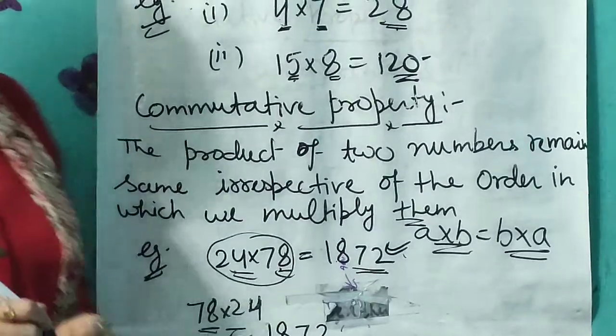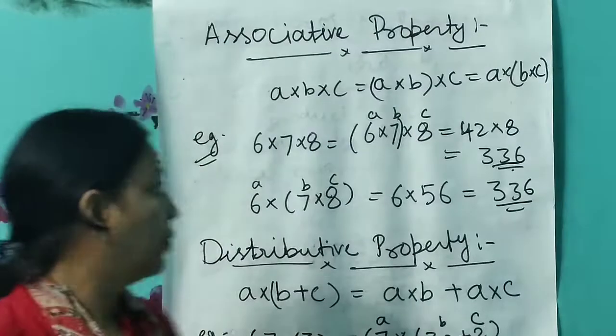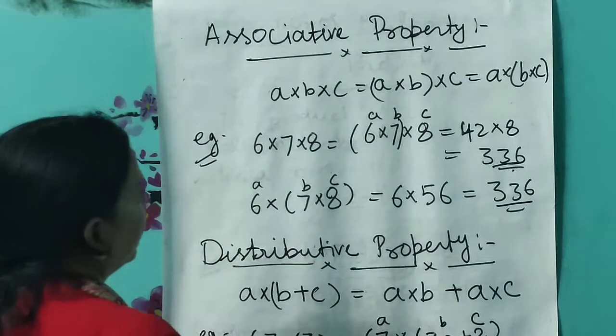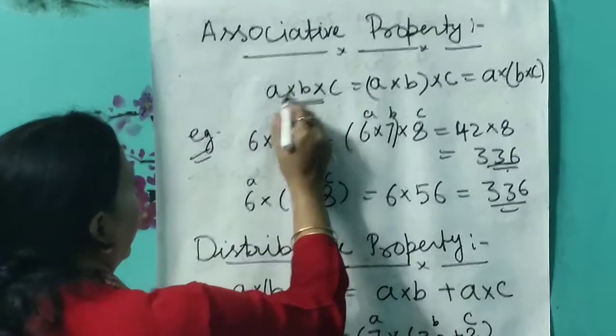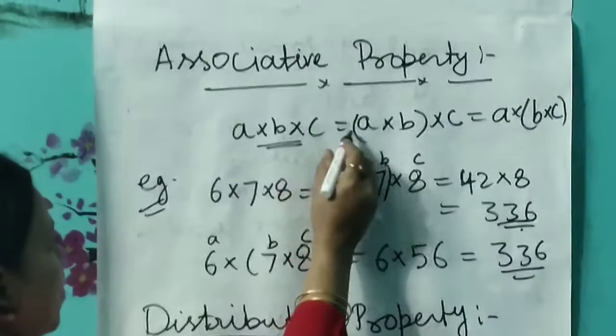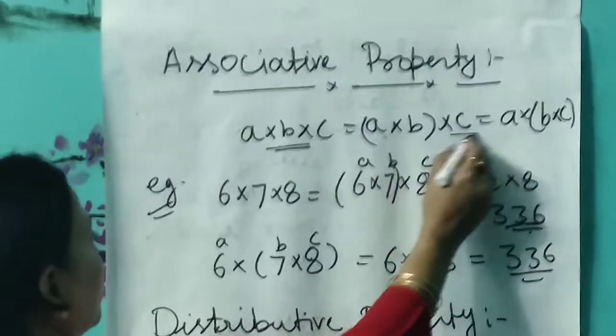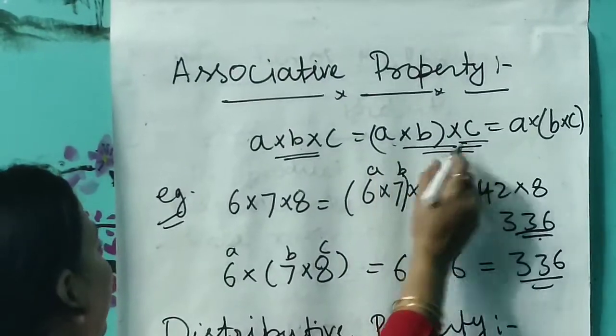Now next is the associative property of multiplication. A into B into C is equal to A into B into C. Like addition, you make groups.